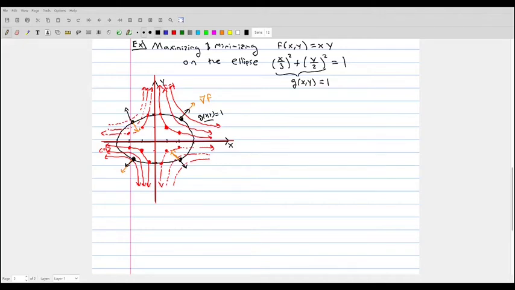And if you remember from the previous lecture, those are the 4 points that we solve for. So those are the correct locations of the max and mins.